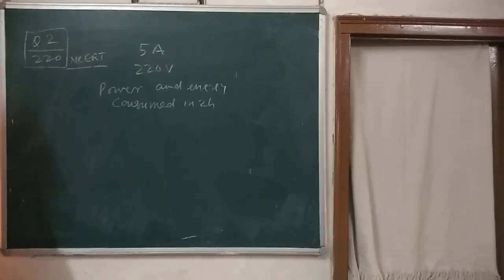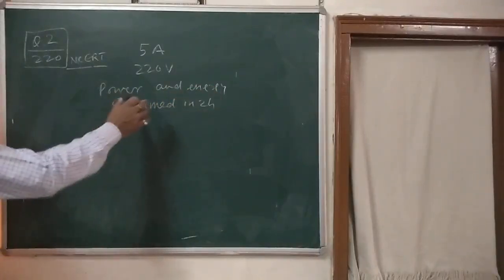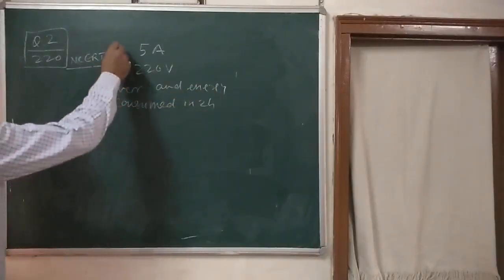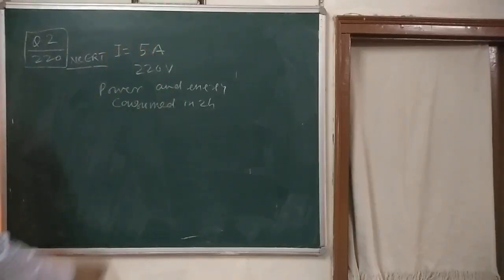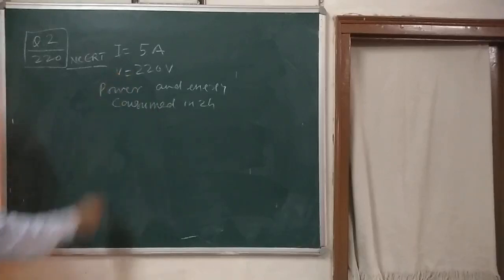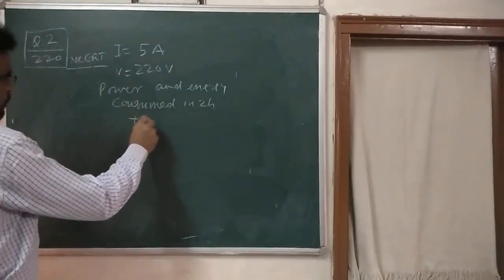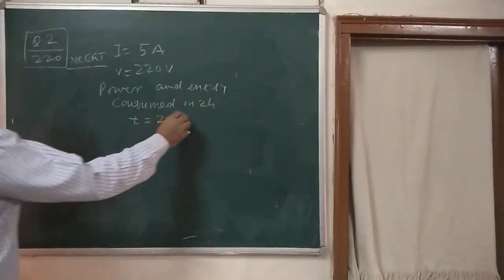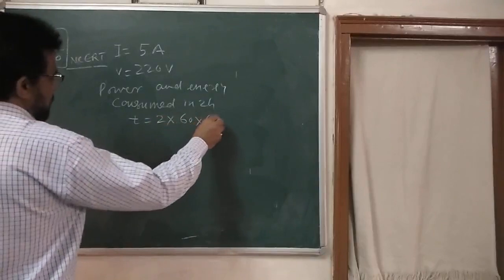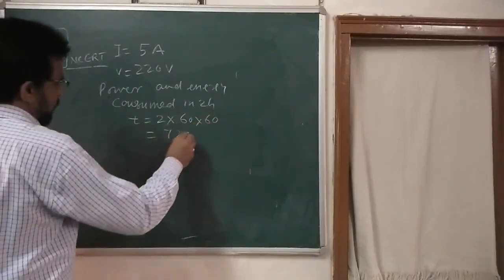Line is 220 volt. Our problem is to find the power and energy consumed in 2 hours. Given I is equal to 5 ampere, voltage is 220 volt, time is 2 hours. In an hour, you know very well, 60 into 60 in seconds. So here is 7200 seconds.